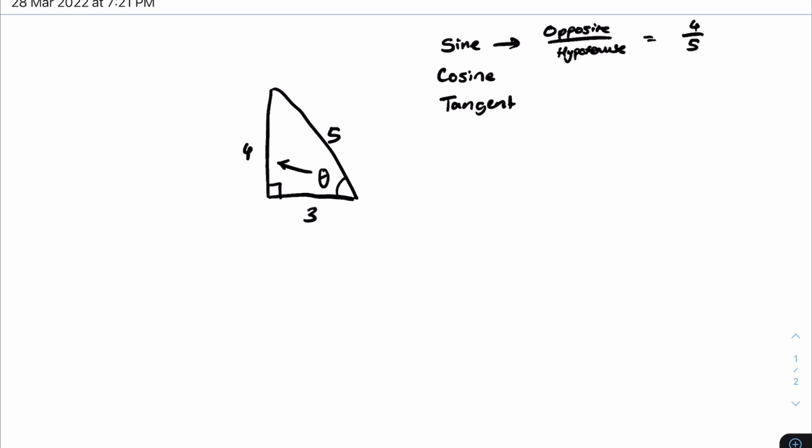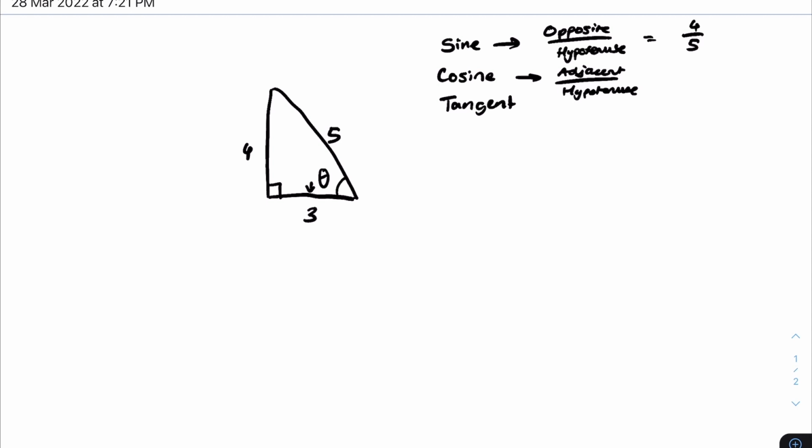And this is obviously just a representation, doesn't really tell us much at the moment, but when we get to problems, this will have more meaning. The cosine is the adjacent over the hypotenuse. The adjacent is known as the side that's next to the angle. So in this case, it's this over here.